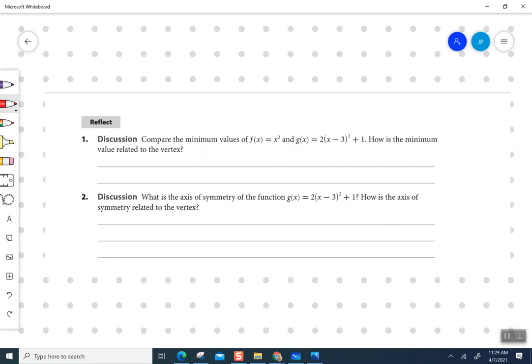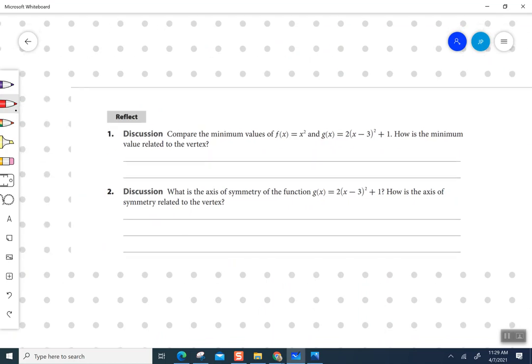So I come back over here and I answer the question, how is the minimum related to the vertex? Well, if the vertex was originally located at 0, 0, and now the vertex is located at 3, 1, my original minimum was located at 0, but now it's located at 1. So how is that related?